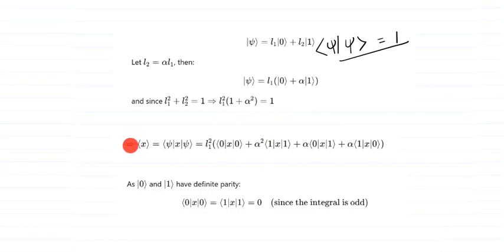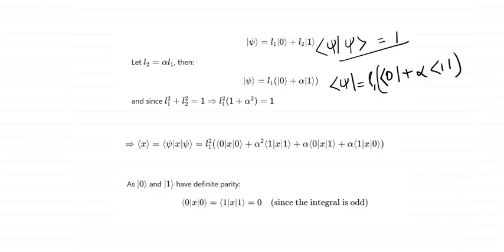So now finding the expectation value of x, we are substituting for bracket psi into psi. So we will be getting 4 terms. When we write the ket vector of psi, L1 into 0 plus alpha into 1, how are we getting 4 terms?